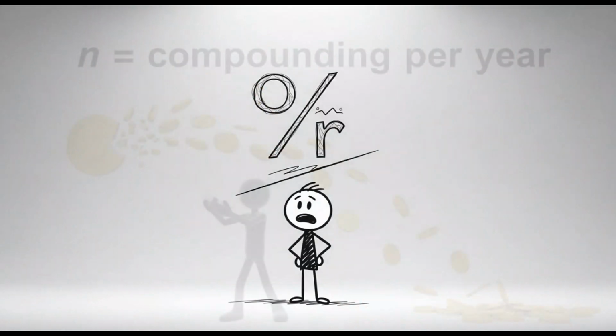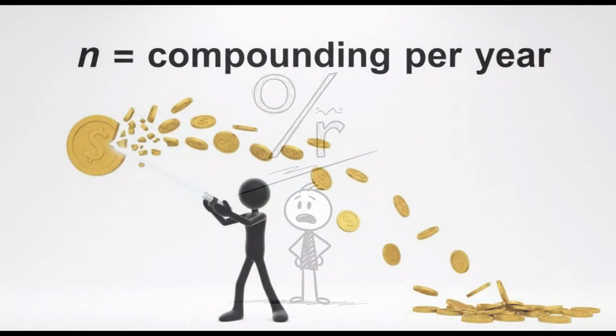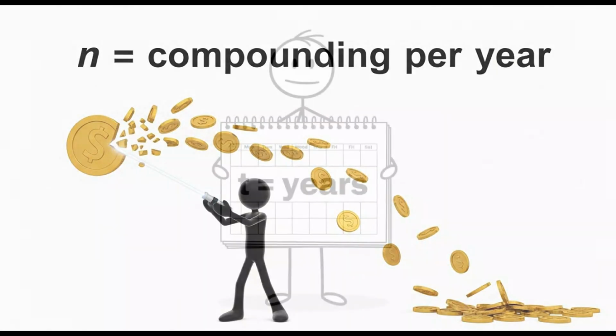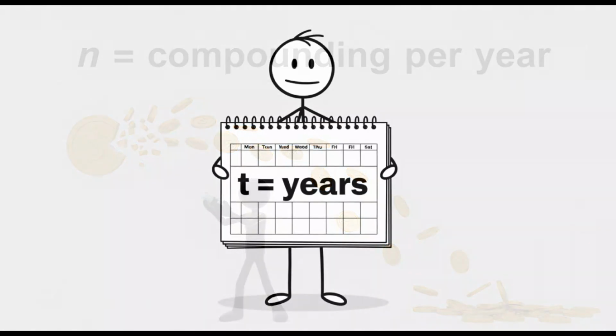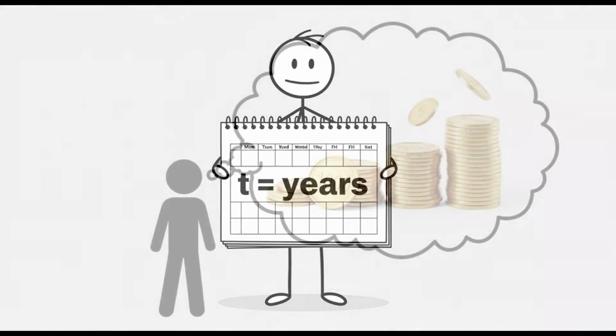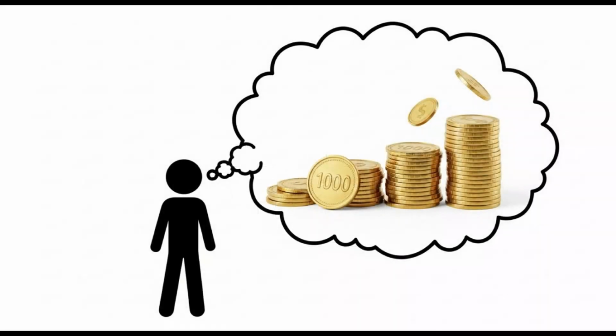Suppose you invest $1,000 at an interest rate of 5% per year, compounded annually, for 3 years. Using the formula, A equals 1,000 times (1 plus 0.05) to the power of 3. First, add 1 and 0.05. That gives 1.05.